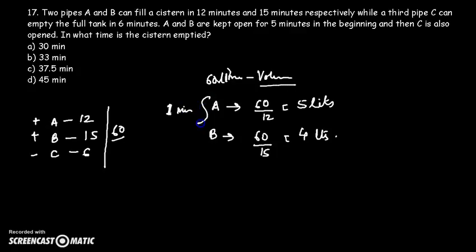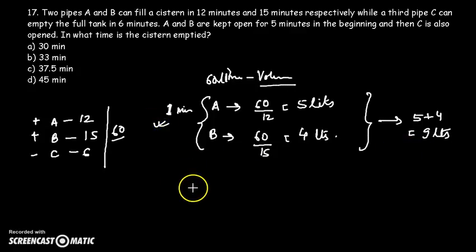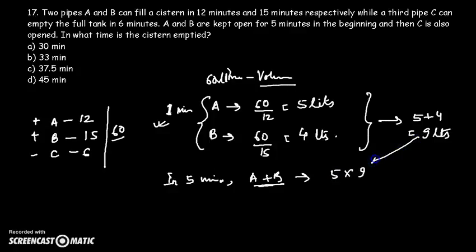So together A and B pour in 5 plus 4, 9 liters in 1 minute. Therefore in 5 minutes, A and B together will pour in how much? 5 into 9, 45 liters. 45 liters is filled in.